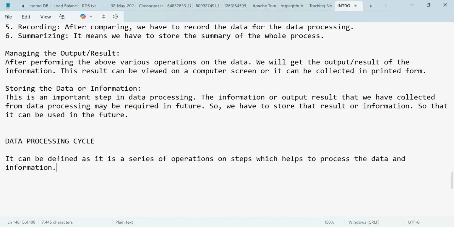That is the meaning. So data processing cycle means a series of operations, step by step, to process the data and information.